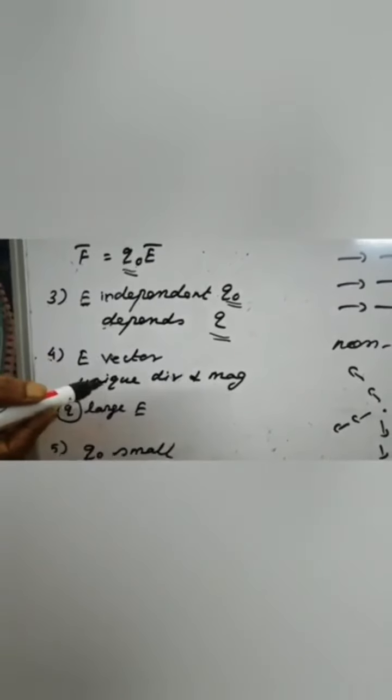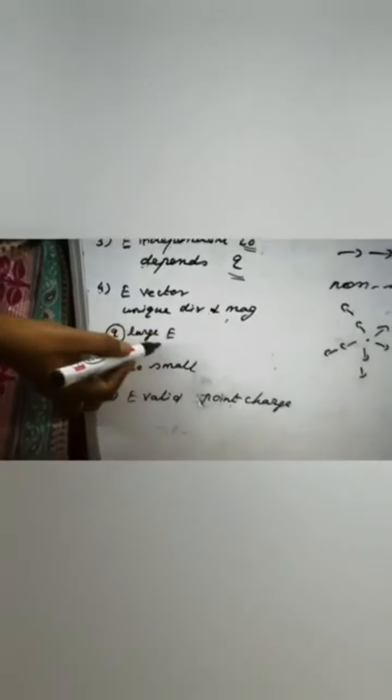Fourth point: the electric field is a vector quantity and every point has a unique direction, and the magnitude is represented by the length of the vector. Near the charge there is a large electric field, but as the distance increases, the electric field decreases.